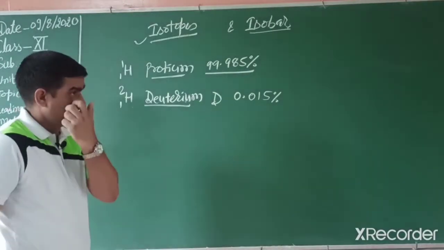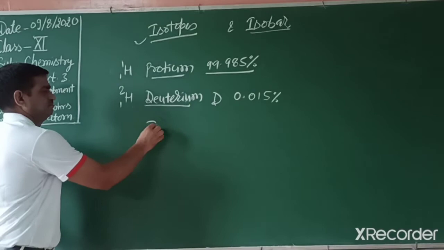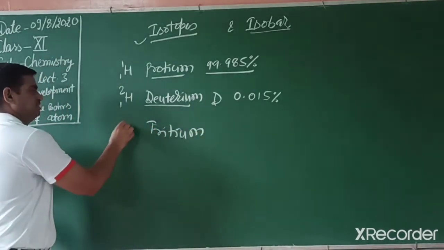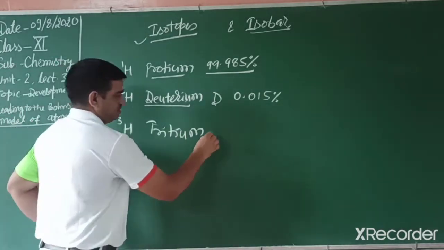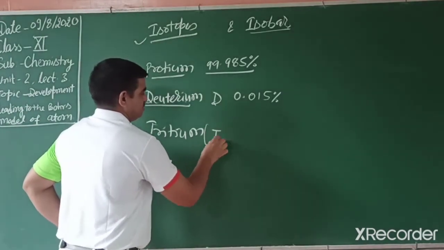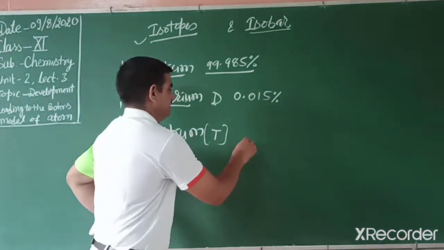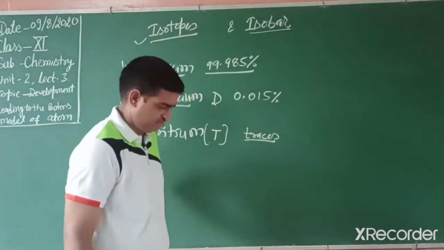That is comparatively less. The other hydrogen is tritium. Tritium is represented like this, H 1, 3, and sometimes it is represented by capital T also. This hydrogen is found in very trace amounts, very less.